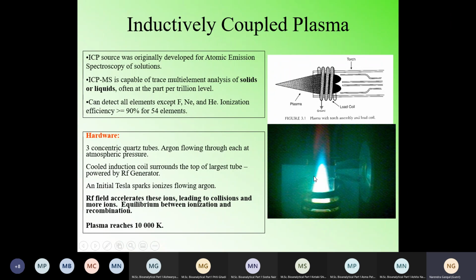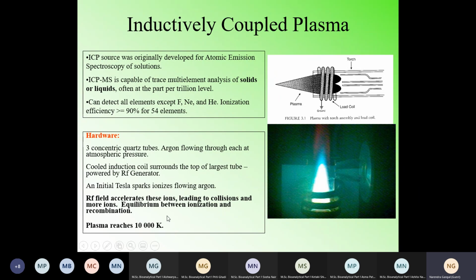You must remember that plasma is a state of matter. First is solid, then liquid, then gas, and after gas there is plasma. Here the state of matter is plasma. This is not a plasma of any other material. This is a plasma of argon.